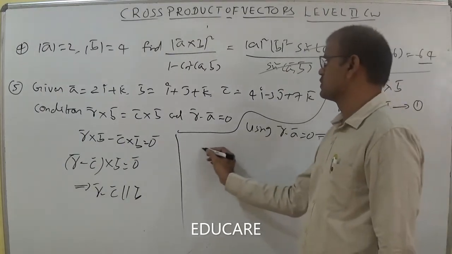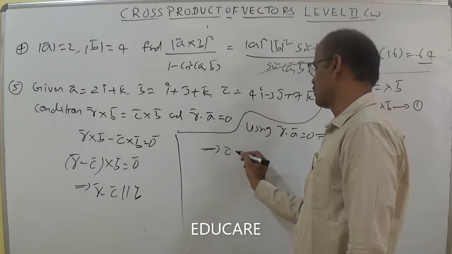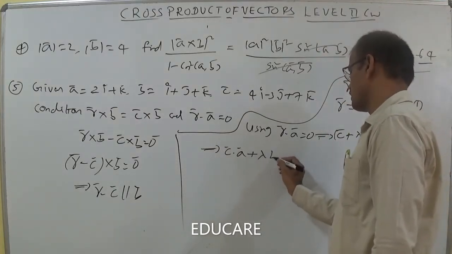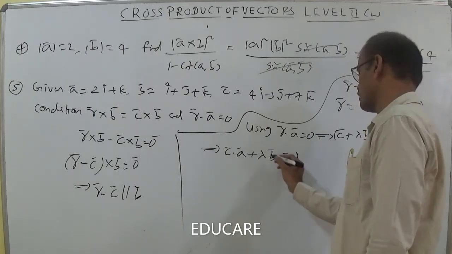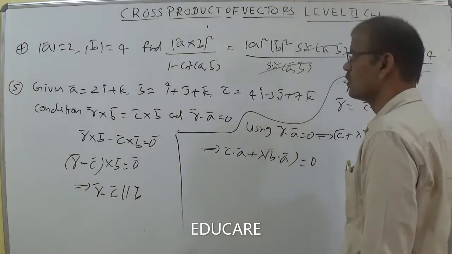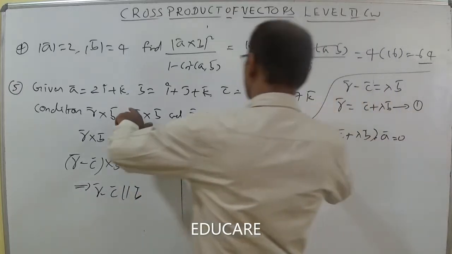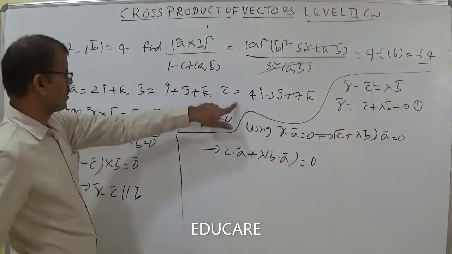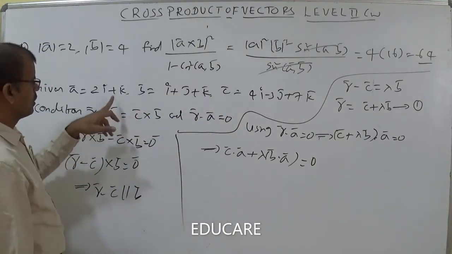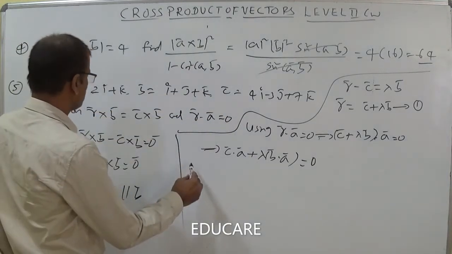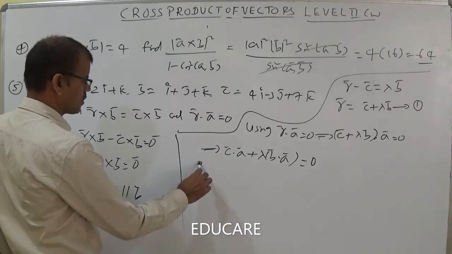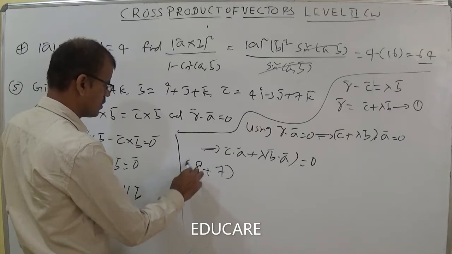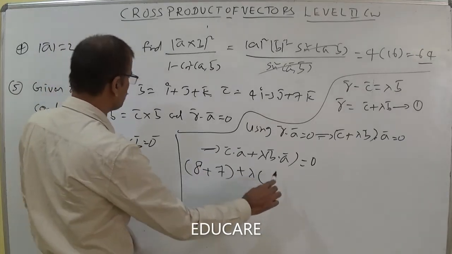That implies c bar dot a bar plus lambda into b bar dot a bar equal to 0. What is c bar dot a bar? We can multiply these two vectors. C dot a means 2 fours are 8, minus j no need, and 7 here. So c bar dot a bar is 8 plus 7, this is 15, plus lambda into b bar dot a bar.